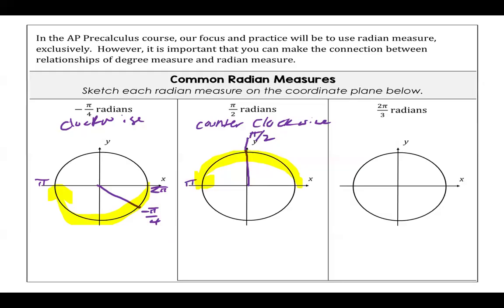All right. Now on this one, it wants us to take our pi and we're dividing it into how many parts? 3 parts, right? So we're taking our pi and dividing it into 3 parts. And of those 3 parts, we want to stop at the part that is the 2/3 of it, right? So this again, it's positive. So we know we're going counterclockwise. That's how we know. Boom, counterclockwise.